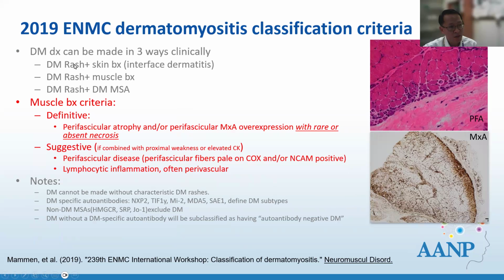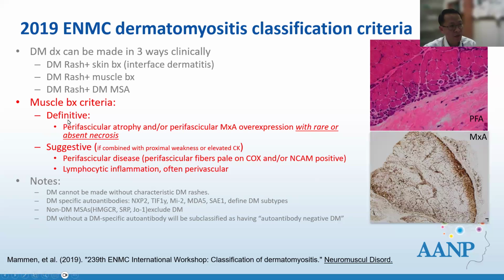You can have the dermatomyositis type of skin rash, that is the heliotrope rash around the eye and Gottron papules on the back of the hands, plus a skin biopsy that shows interface dermatitis. These are mostly for the amyopathic dermatomyositis patients to reach a diagnosis. Then you can have the rash plus muscle pathology with supporting findings on the muscle biopsy. And the third way is if you have a rash and a myositis-specific antibody in the serum.